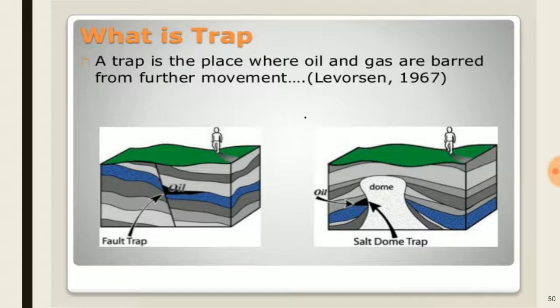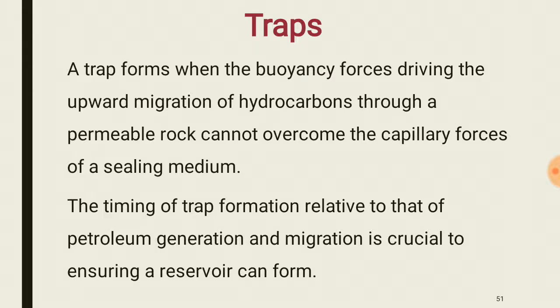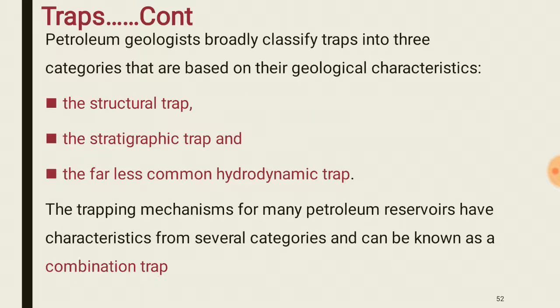Also, these are some examples of traps. So there is the fault trap and also the salt dome trap. A trap forms when the buoyant force driving upward migration of hydrocarbon through a permeable rock cannot overcome the capillary force of a sealing medium. So generally we have more than two types of trap.